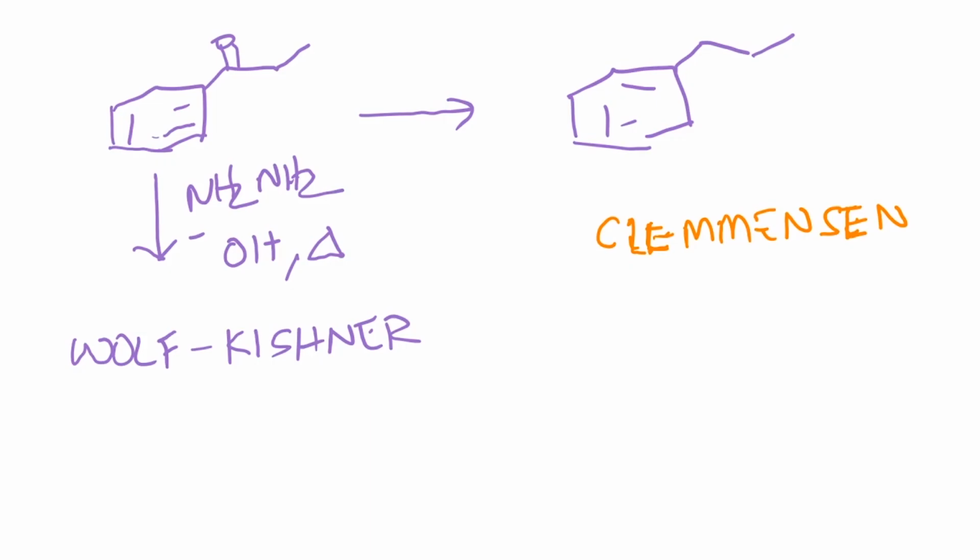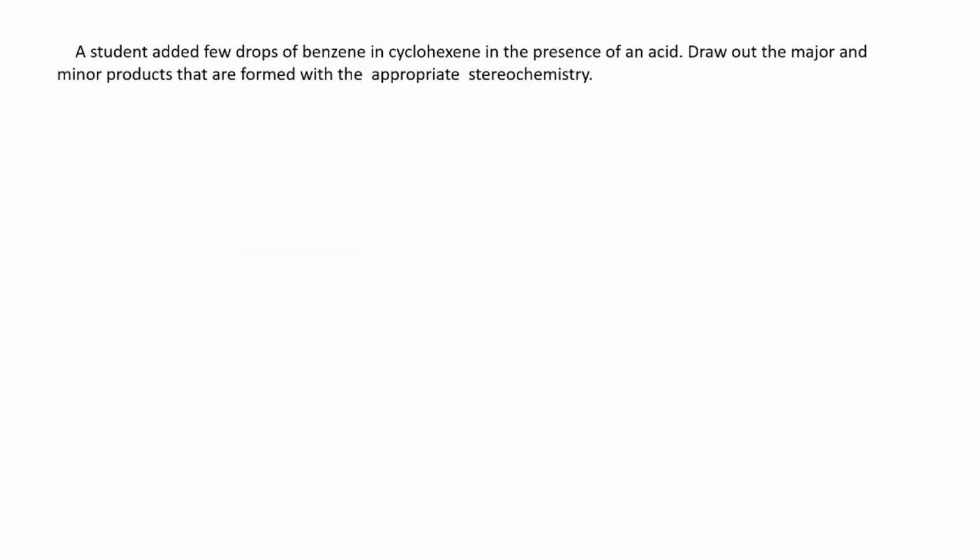You can use either of these methods, and this is going to give you the product that is desired. I want you to go back and revise this concept that you learned previously and look at the mechanism of the Wolff-Kishner reduction.